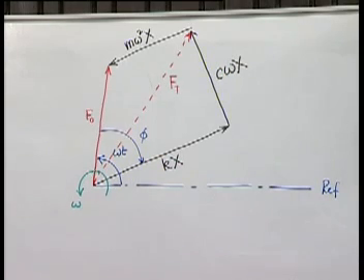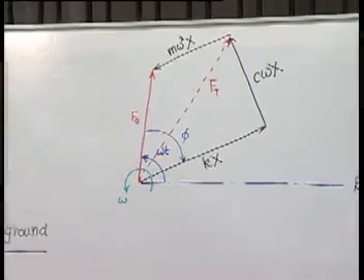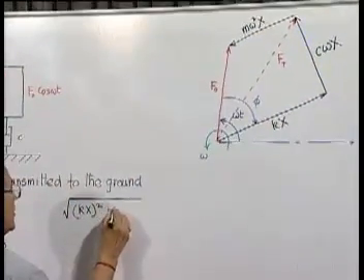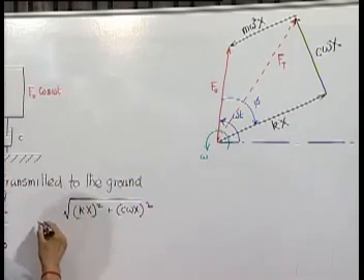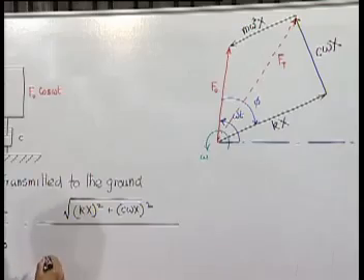So, therefore, let us now see how much is the transmissibility. Now, Ft is nothing but square root of kx square, this much, plus the dashpot force divided by F0.